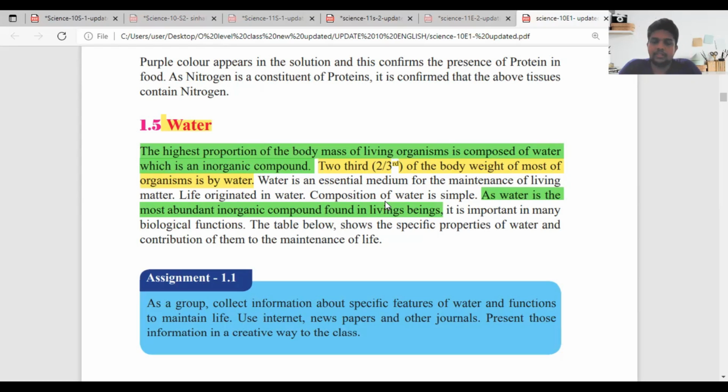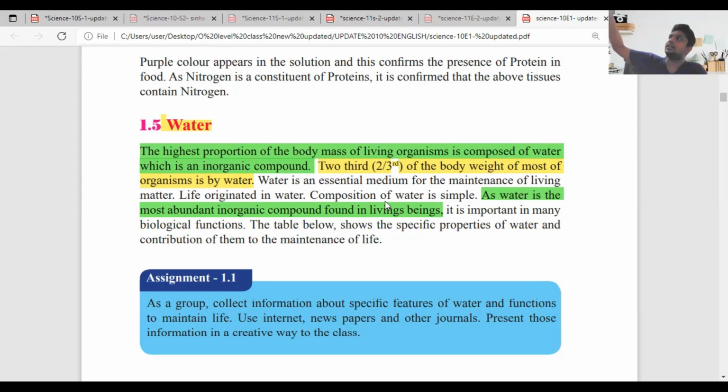When you consider your body weight is 100 kilograms, the 2/3 of it means you are dividing it into 3 parts and taking 2. When we divide 100 into 3, one portion takes 33.33. So 2/3 means more than 66%.